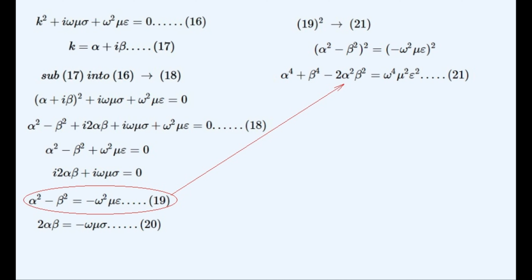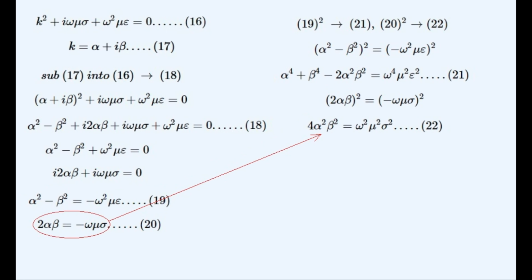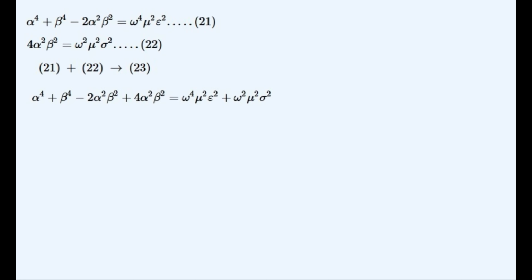We square both of these equations so that we can more easily separate out alpha squared and beta squared. We are in a good position to get alpha squared plus beta squared from these two equations, 21 and 22. So starting with these two equations, we'll get alpha and beta.